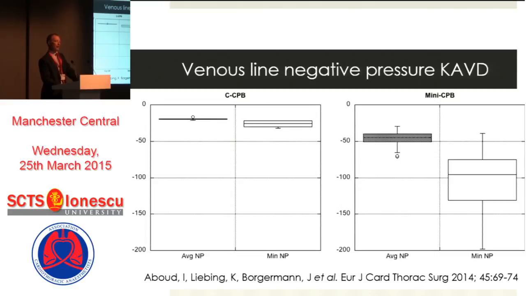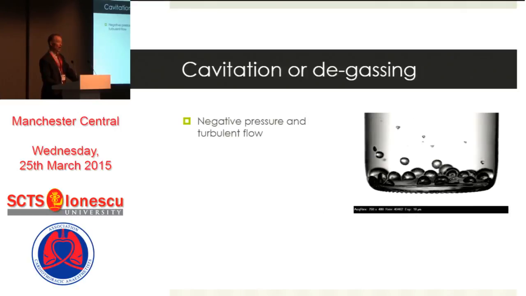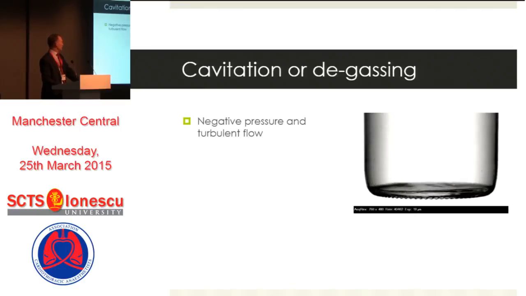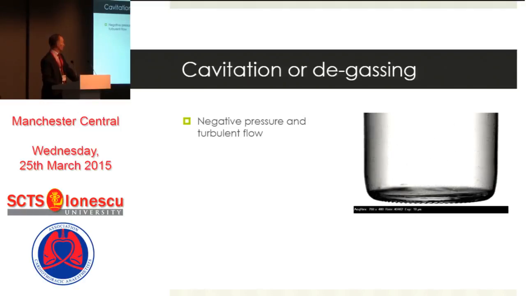So is this simply a problem of poor surgical technique, easily overcome by double purse string suturing and eliminating entrainment of air? I'm suggesting that what you're going to see in the bottle, which has been sharply accelerated downwards with a negative pressure applied to the bottle, is that with negative pressure we risk what's called gaseous cavitation.